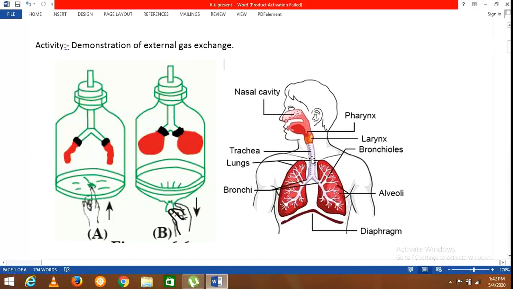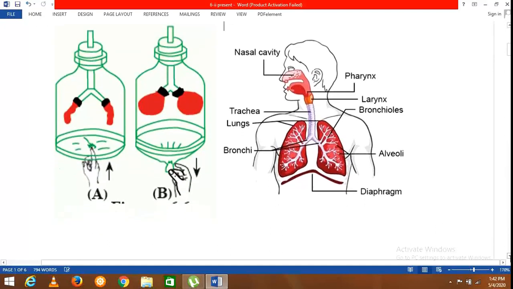There are about 16 to 20 such cartilage rings here, and it is divided into two branches which we call bronchi. Singular is bronchus. These bronchi are further divided into bronchioles, which are inside the lungs, and these bronchioles end up with air sacs which contain alveoli. The diaphragm is also shown here.